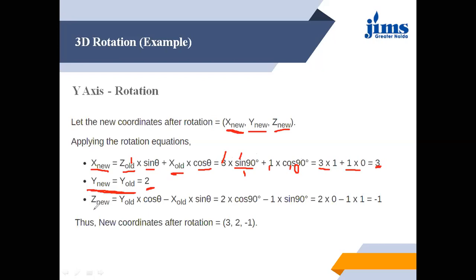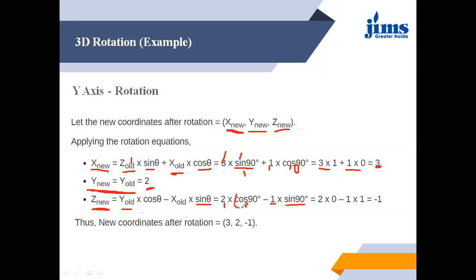Now the new value of the z coordinate is y old multiplied by cos theta minus x old multiplied by sin theta. That is y old equals 2 times cos theta. Theta is 90 degrees, so this is cos 90. Then x old is 1 and sin theta, theta is 90, so this is sin 90.